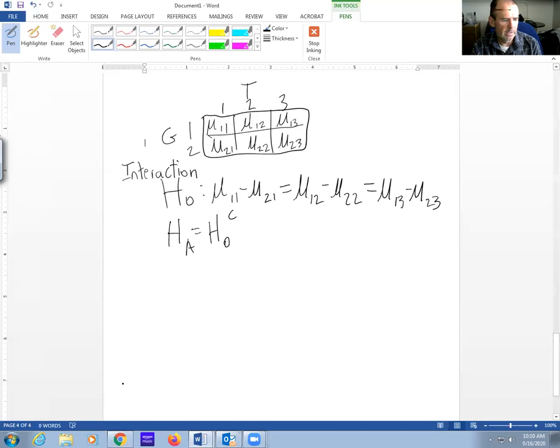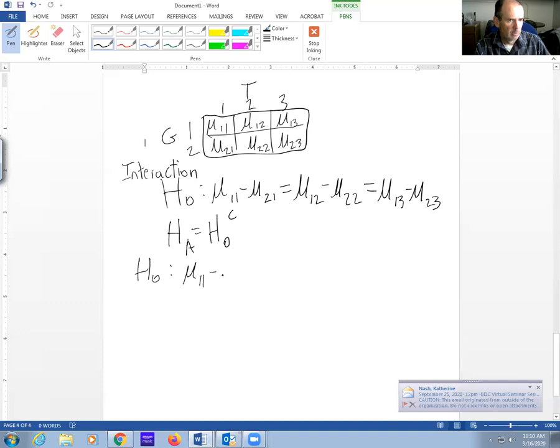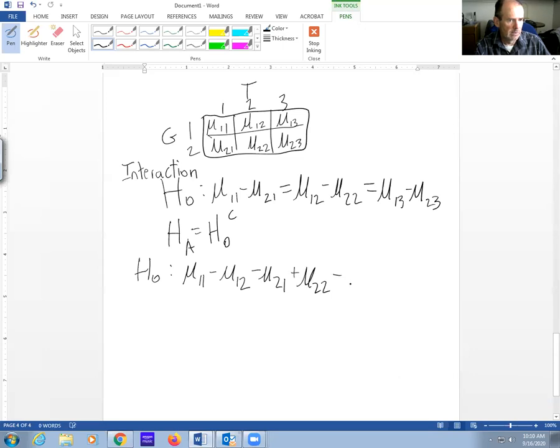So another way to write this would be to move the second one over. So we have mu11 minus mu12 minus mu21 plus mu22 equal to 0. And then pick another one. So I'll compare the first to the last.